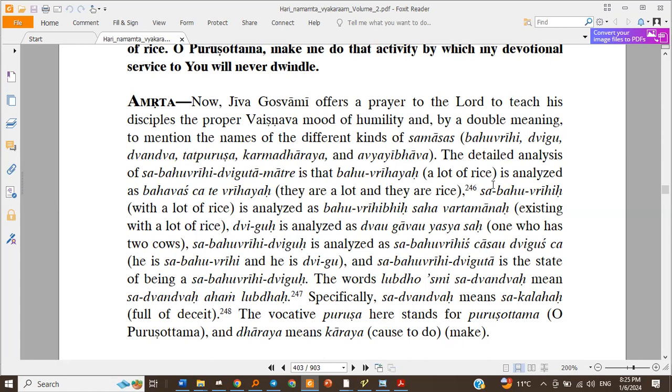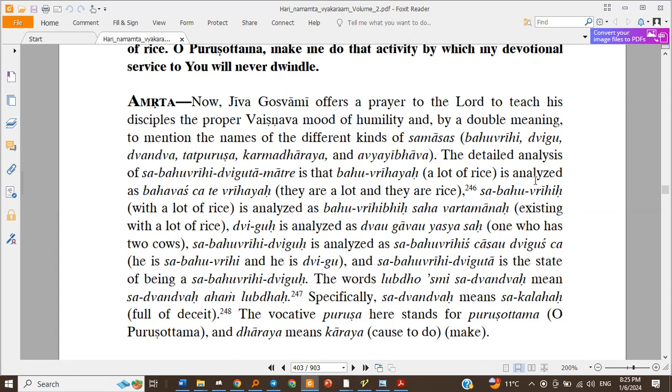So Bahuvrihi with a lot of rice is analyzed as Bahuvrihibhihi Saha Vartamana, existing with a lot of rice. Like if I say Sa Ramah Krishna, so Krishna along with Balaram, right? Sabhaktah Guruhu.